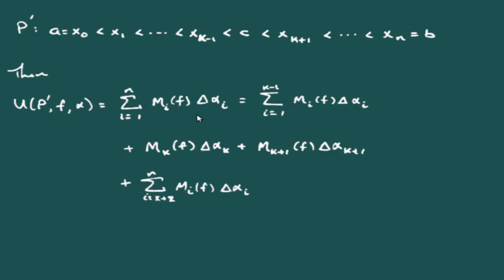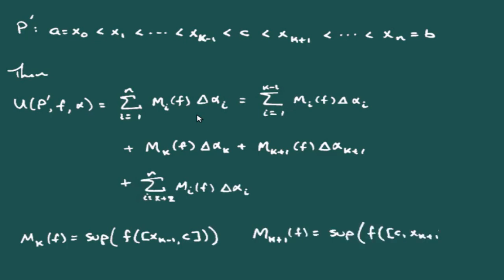Now, we know that our m sub k of f is going to be the infimum over our kth subinterval, x sub k minus 1 up to c. Capital M sub k plus 1 is going to be our supremum over our subinterval c up to x sub k plus 1.